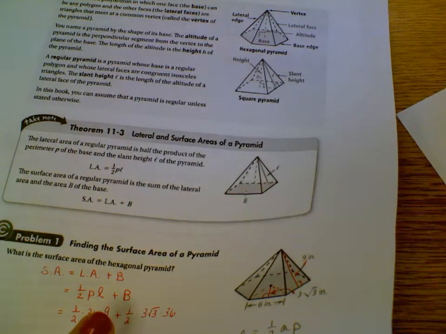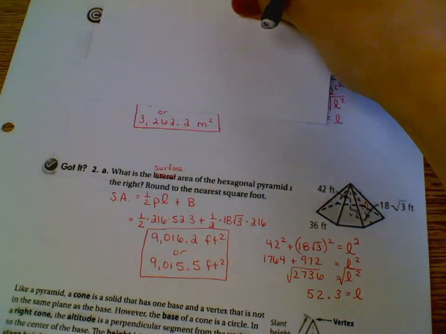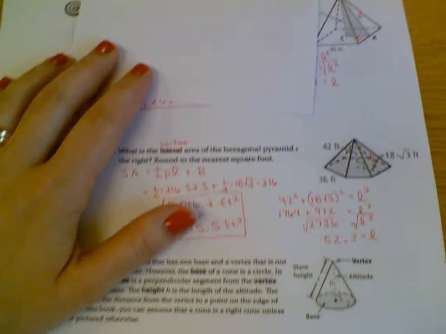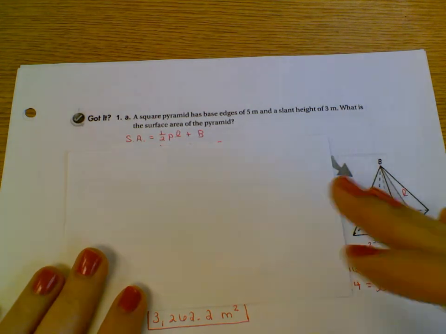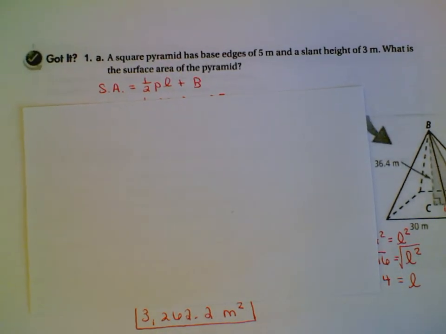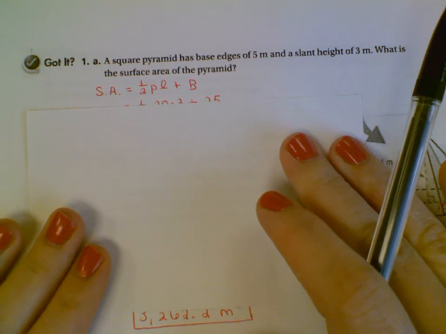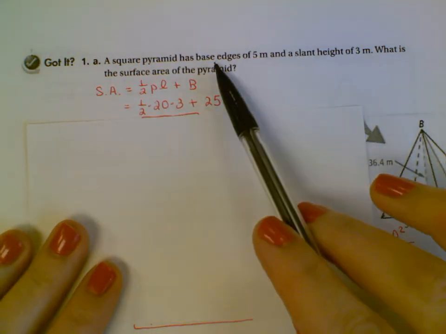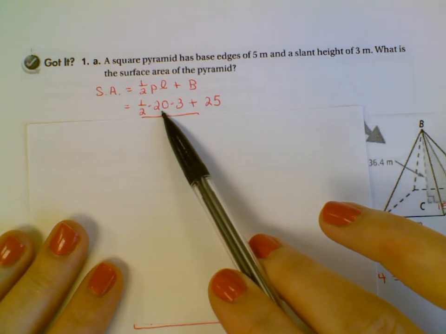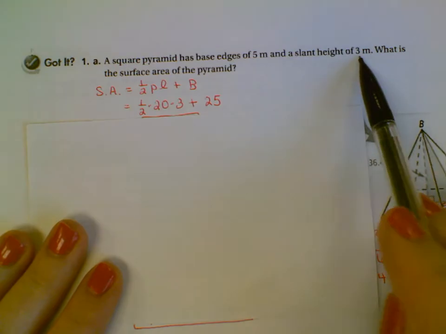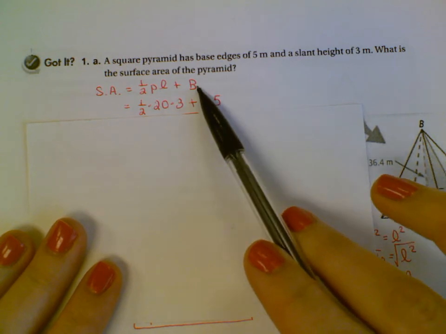Okay, you pause the video and see if you can do the next one. So on the next one, we have our surface area formula, and then we have to find the perimeter of the base. So it said my base edges are 5 of a square, so that's why I did 5 times 4 and got 20. The slant height they told me was 3, and then it wants area of the base.